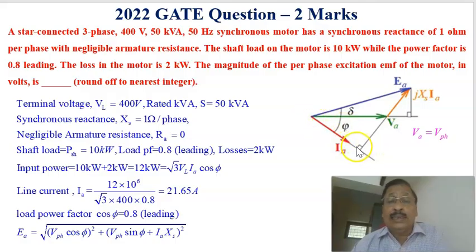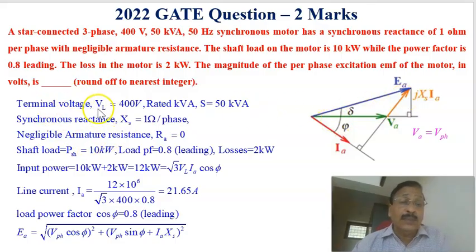Perpendicular to IA, this vector corresponds to the drop across the synchronous reactance, jXS into IA. The vectorial sum of these two gives the magnitude of the excitation EMF. That is, EA can be calculated as the vectorial sum of VA and the drop across the reactance, jXS IA. That is the way in which we can calculate the excitation voltage.